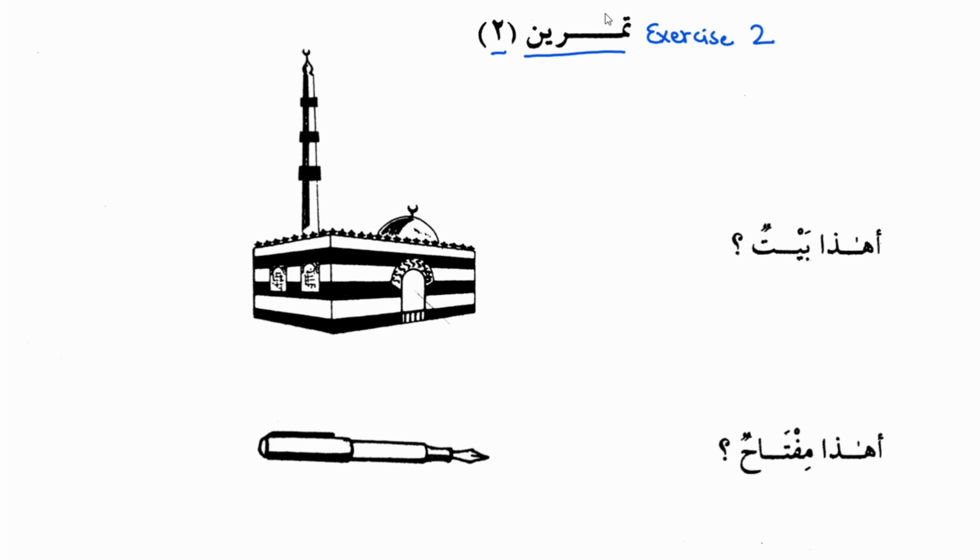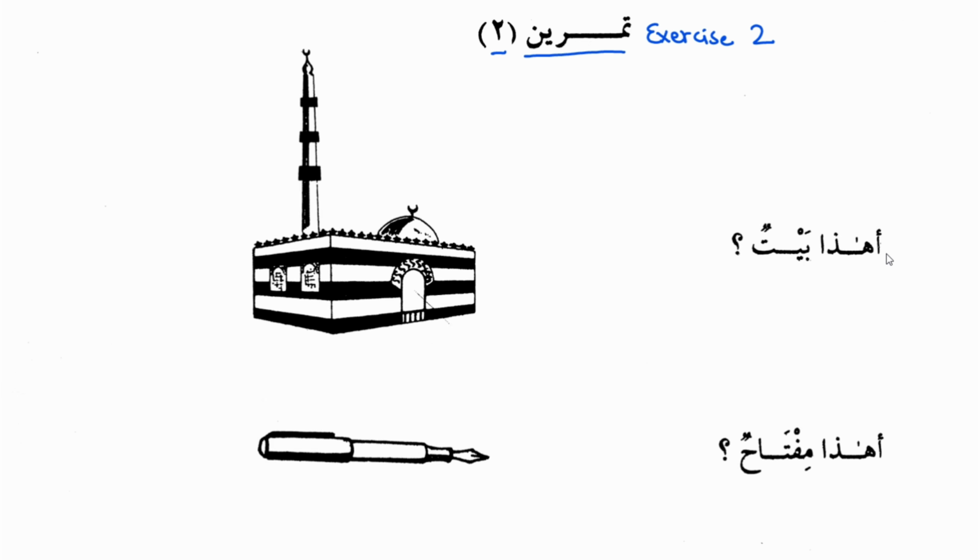On the right hand side, there are questions written, and on the left hand side, there are images by looking at which we need to answer the question in Arabic. So let's begin. Here it is written Ahaza Baytun.